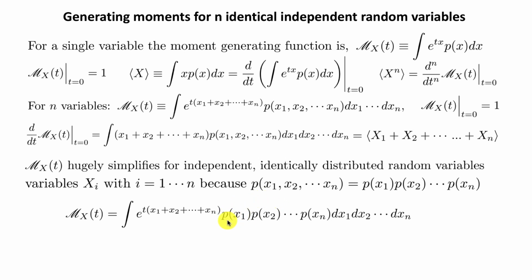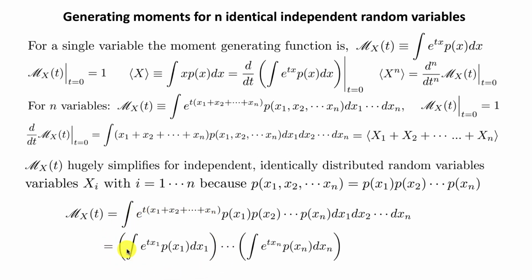And of course, we have to do this integration with n variables. However, now you see that this simplifies because e to the power t into x1 plus x2 plus up till xn is the product e to the power tx1 times e to the tx2 times e to the tx3, etc. And so this n-dimensional integration is simply a product of n one-dimensional integrals.